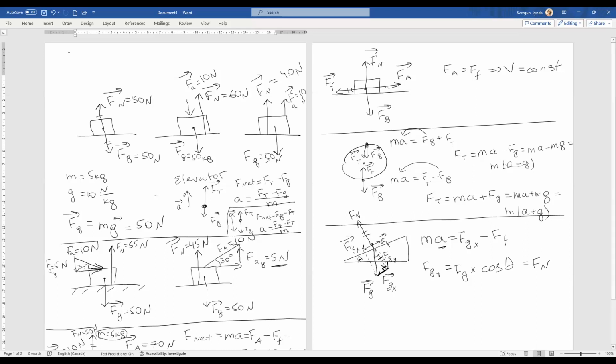g. Okay, so for inclined plane, what I was mentioning, that when you show forces acting on the object, force of gravity is down, then you make normal. So normal is line that is perpendicular to inclined plane. Okay, so we can resolve force of gravity into horizontal and vertical components.